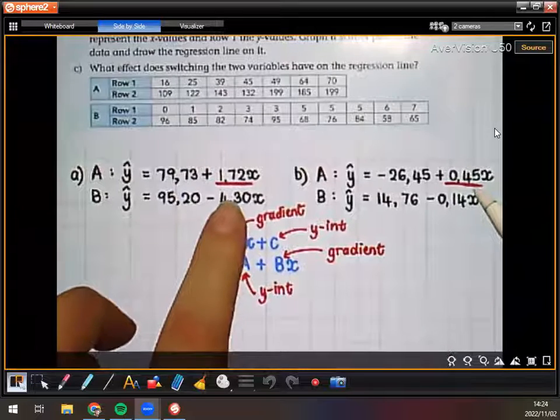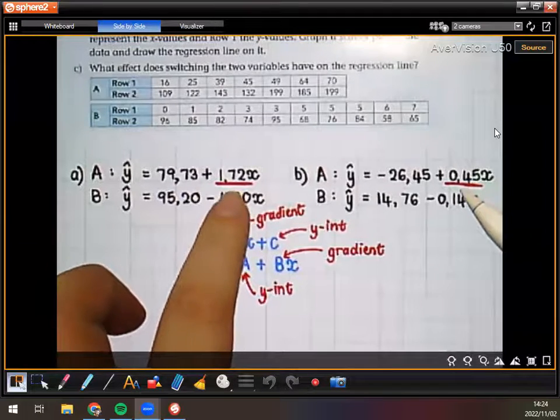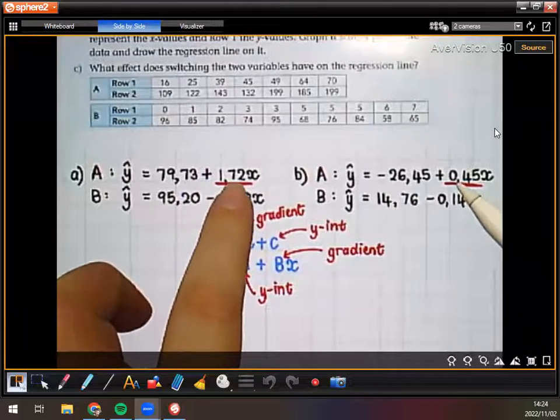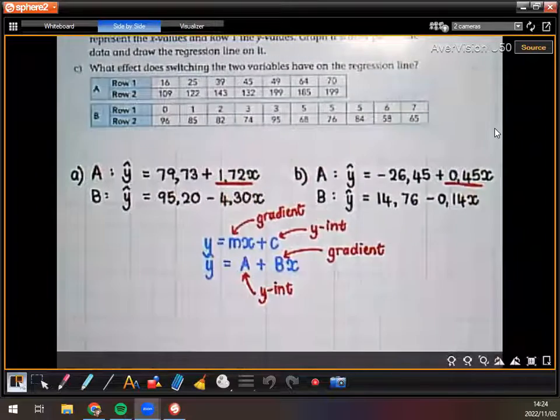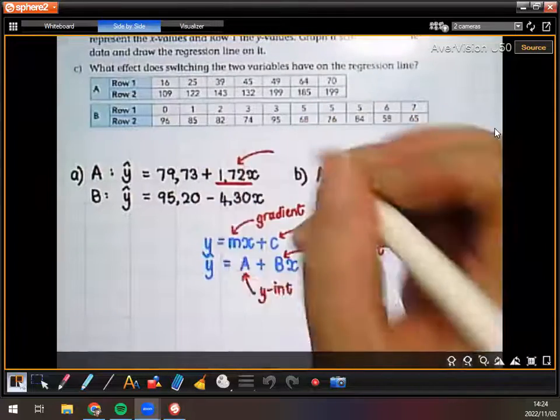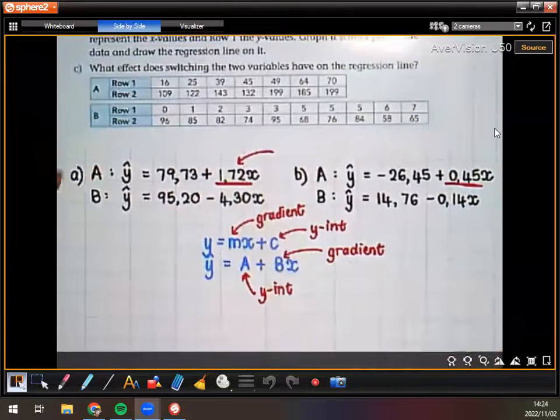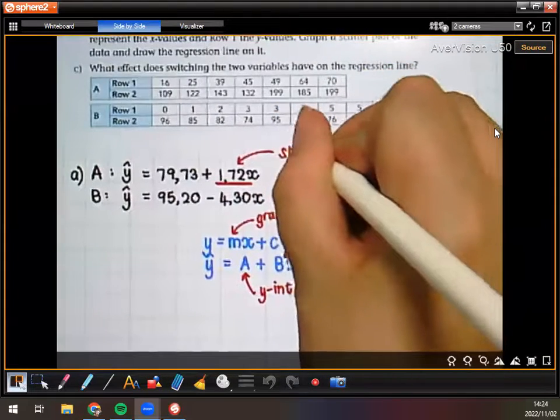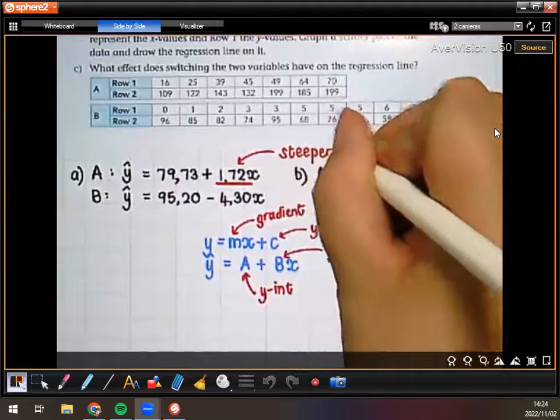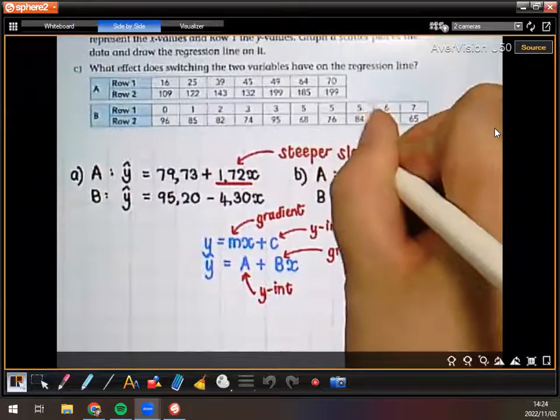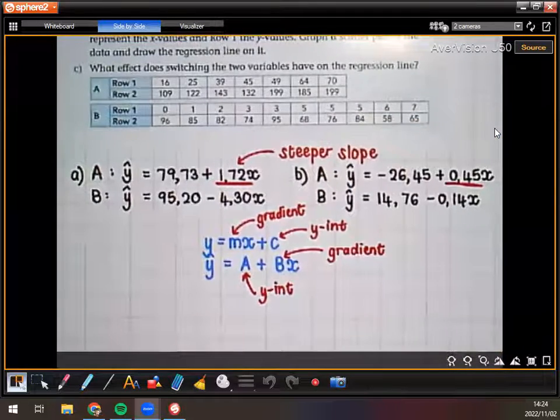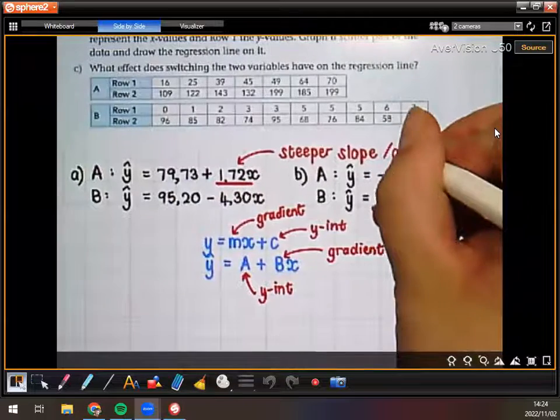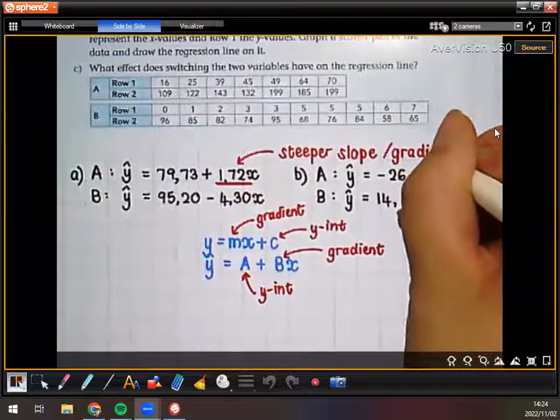So which one of these two values is the bigger number? 1,72 or 0,35? 1,72. So you could possibly say that the first regression line for table A has a steeper gradient, a steeper slope. Gradient is the actual value, and the slope, I suppose, is the slope slash gradient.